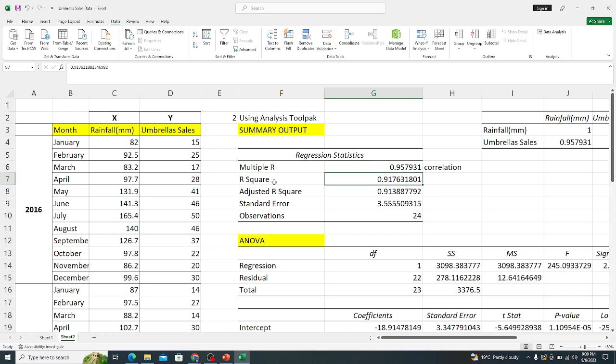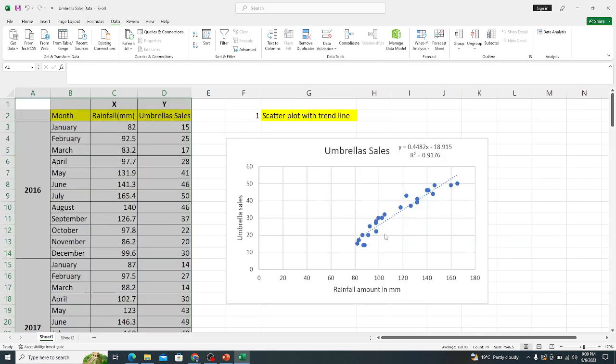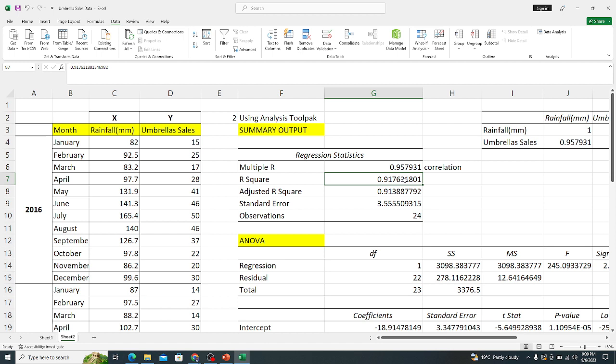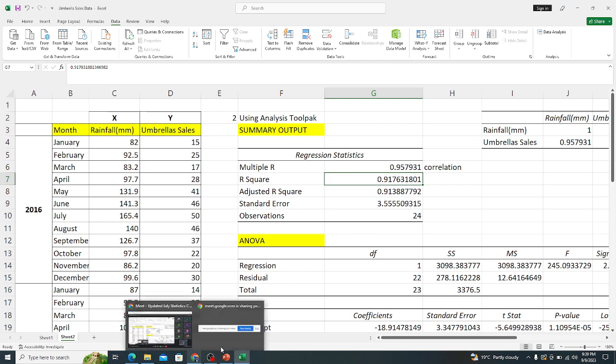Now let's go to R squared. I remember I talked about it; you can see it's the same value we got here. It is the coefficient of determination, and it shows us the model performance.